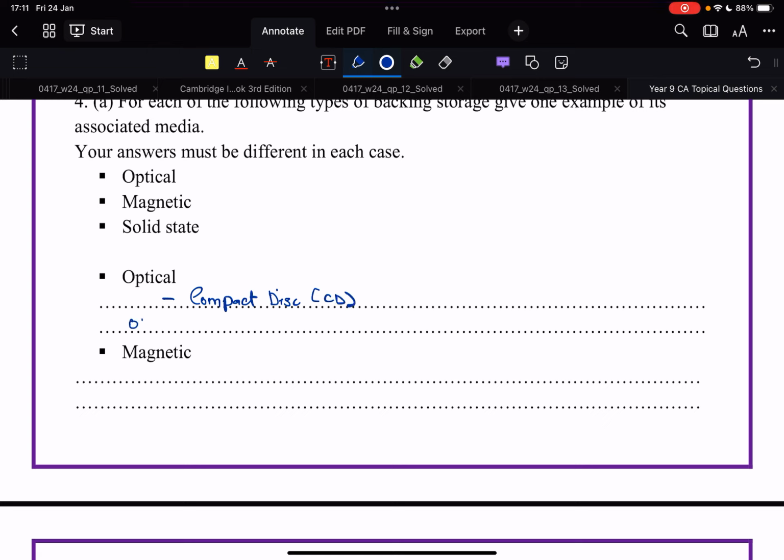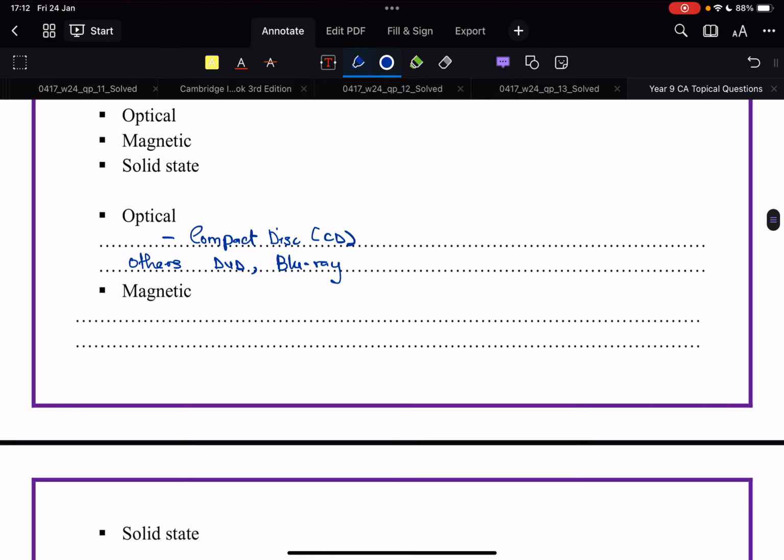For others, you could have DVD, it could be in any form. You can have your Blu-ray. Okay, so that's one way to look at it.